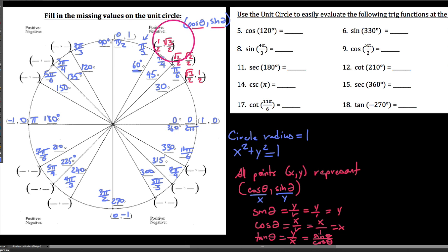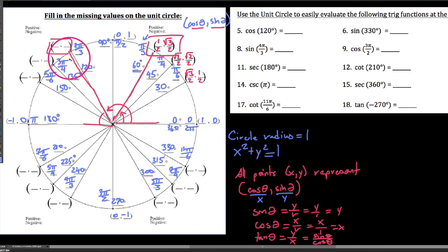And the neat thing about this is that the trig function of an angle, say a 60-degree angle here, so here's our 60, and the trig function of another angle that is not 60, maybe 120 degrees, but has a 60-degree reference angle, these two sets of ordered pairs are going to have the same values because they construct the same triangle.